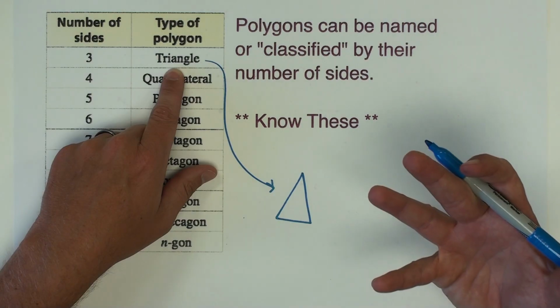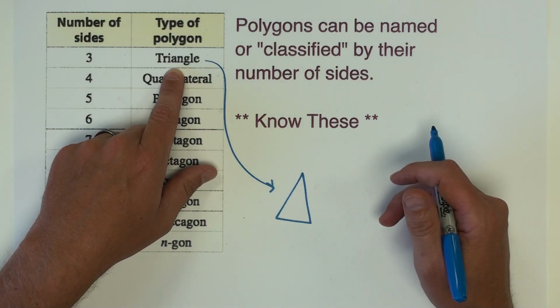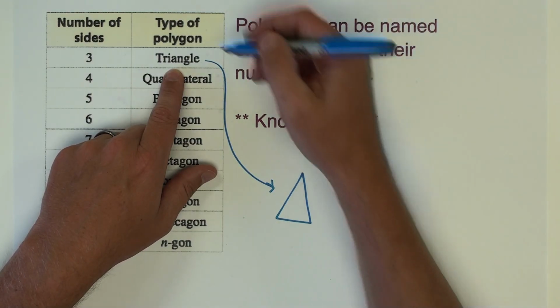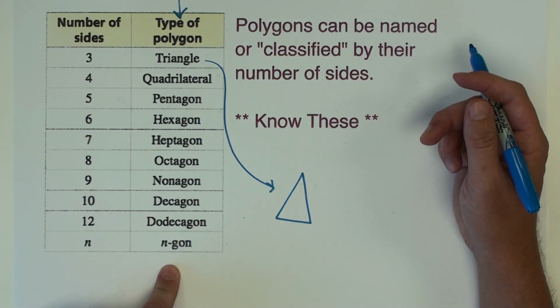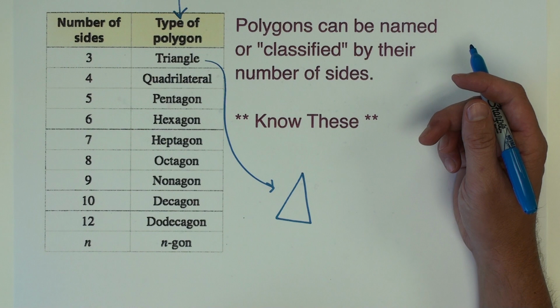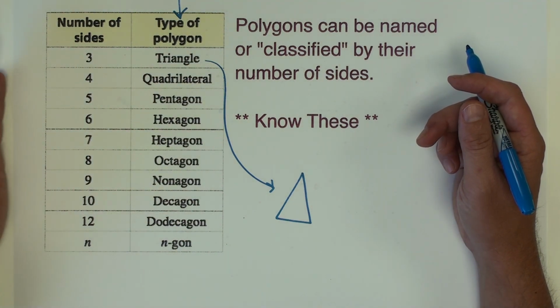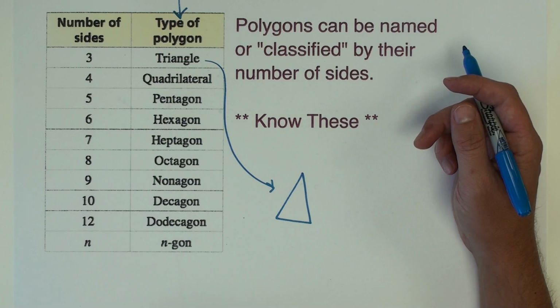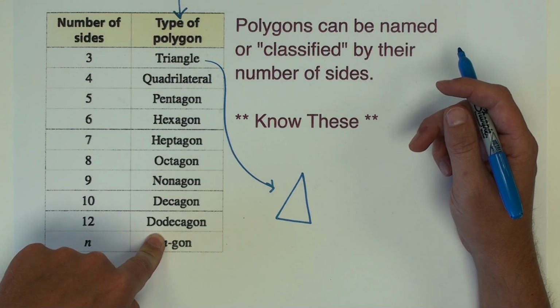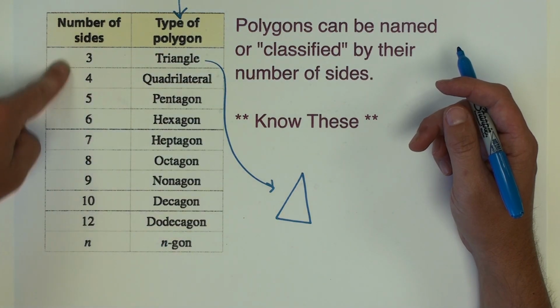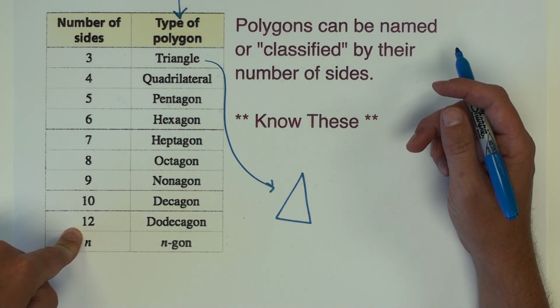We know what these shapes are going to look like. What you need to know are the names of these, okay? So there's not really much that I need to write on this slide. It's just something that I think you should hit pause, take a moment to read through these. The ones that you don't know, maybe jot them down in your notes, work on memorizing the names of these different polygons and how many sides polygons have.